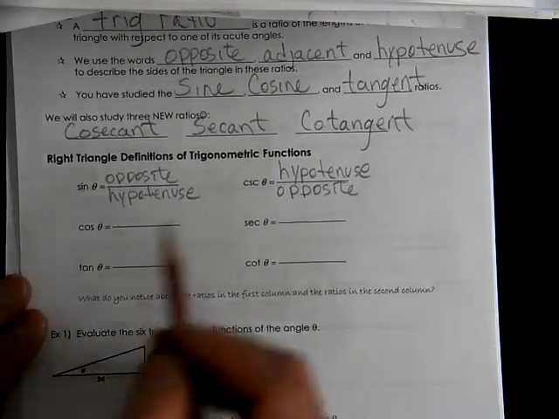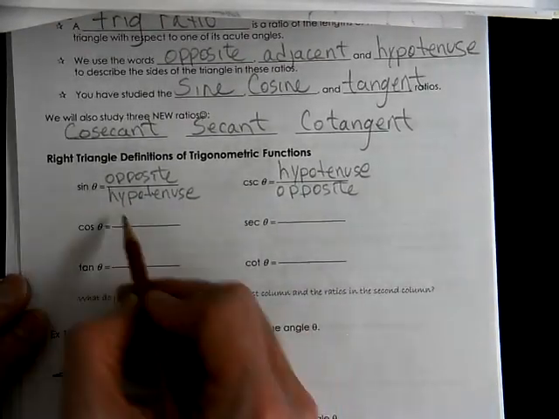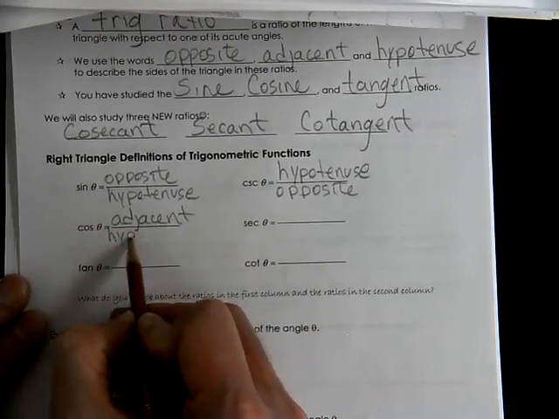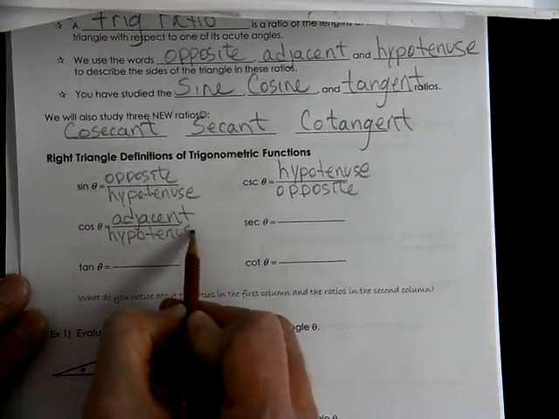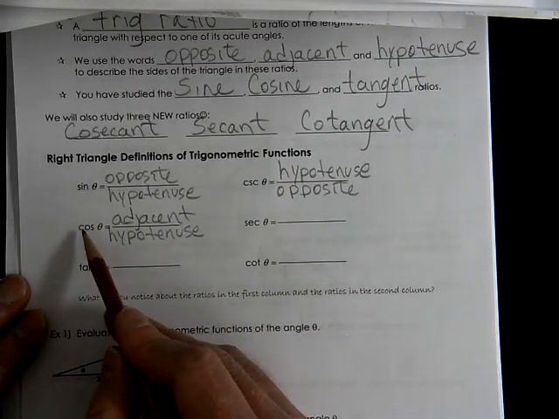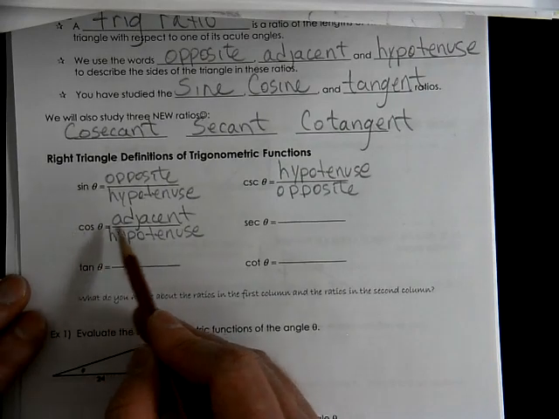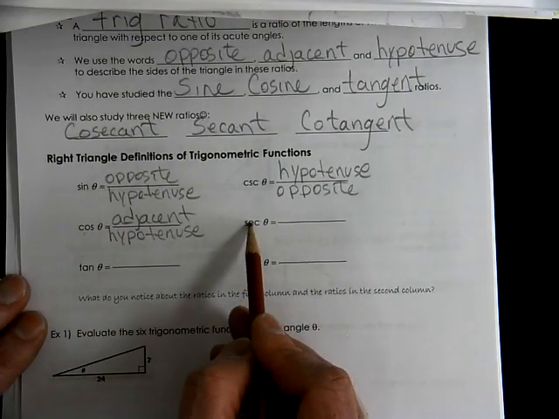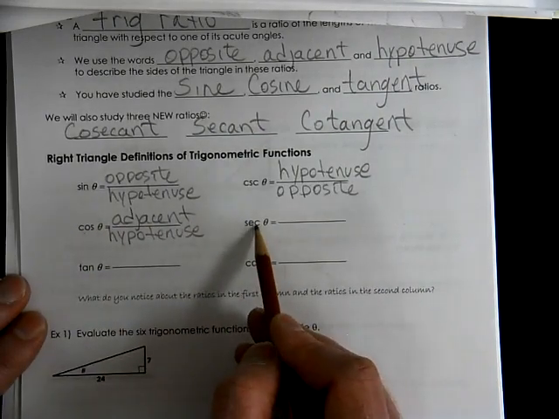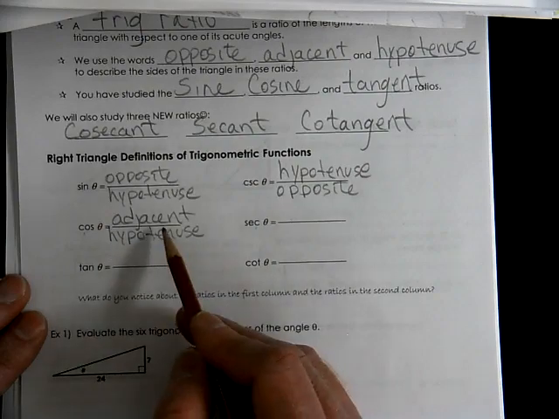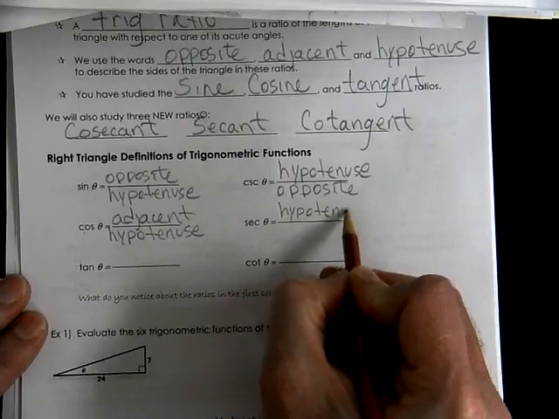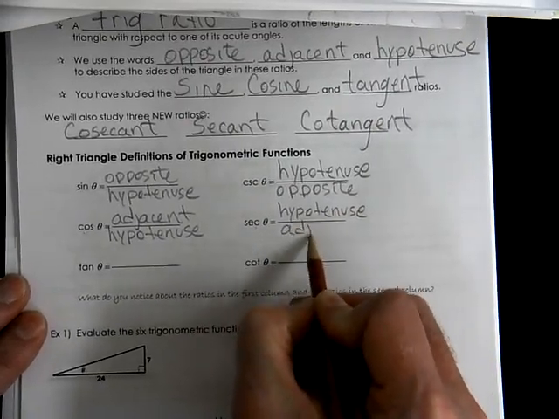Just as we did that one, cosine, we know to be adjacent over hypotenuse. Cosine starts with a C, so it pairs with the S: cosine and secant. So secant is going to be the reciprocal, hypotenuse over adjacent.